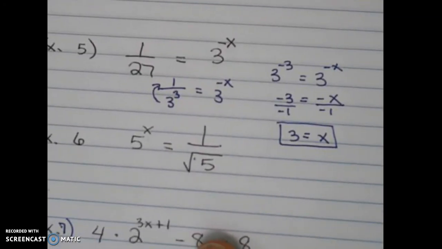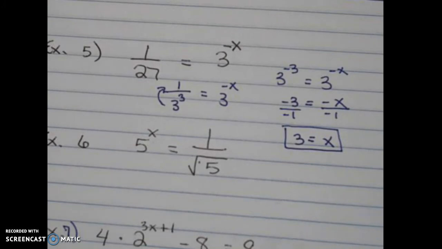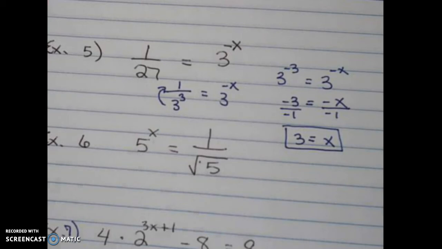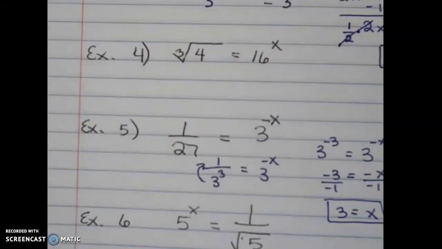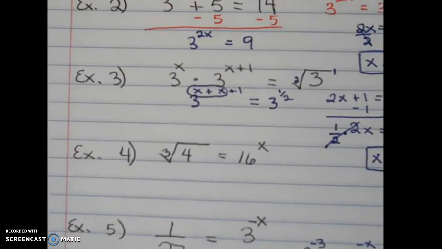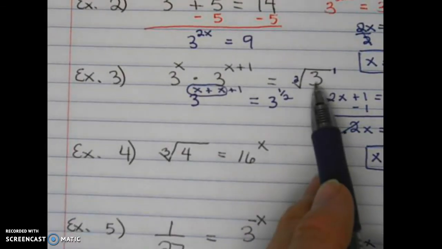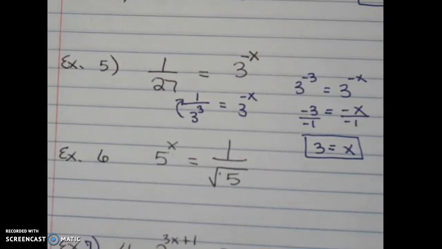Number 6. Maybe you saw earlier, in example number 3, I notice I skipped example 4. But in example number 3, you may remember that we changed this radical to an exponent, and that's what we're going to do here in number 6.